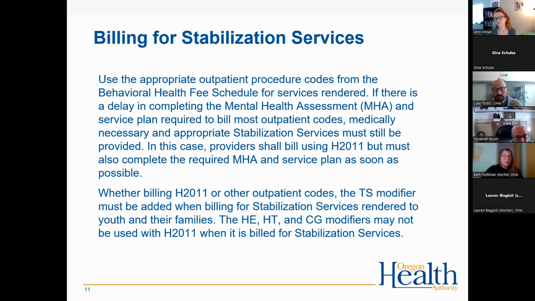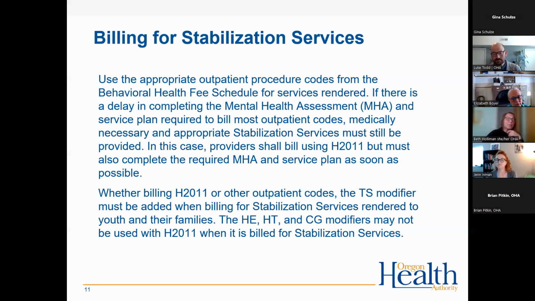My understanding, and Jen, Luke and I might have to coordinate the answer to this, was that the SPA was updated and that peers were added as being able to bill for that H2011. So that was no longer an issue.